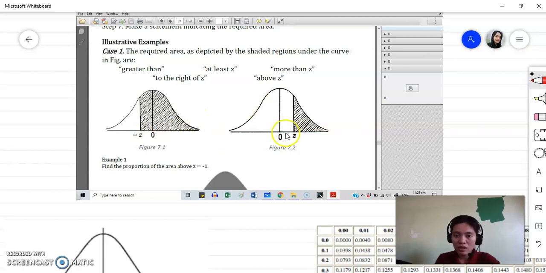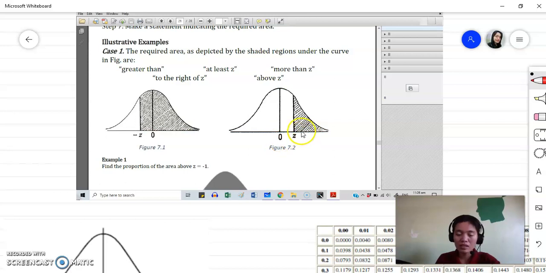And in this figure, you can see that the given z value is positive. So the area greater than z is the shaded region. Based on the illustration, that shaded region is less than 50%.